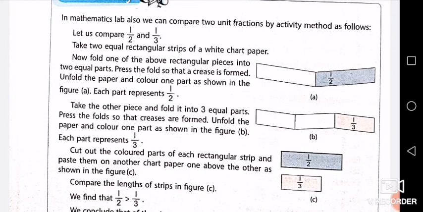One will be folded into two halves, two parts, and another will be folded into three equal parts, and then shade that one portion, cut out that one portion and paste it, and then you will do the comparison. And whatever steps are given here, those steps you will also write in your copy. So this activity you will complete.